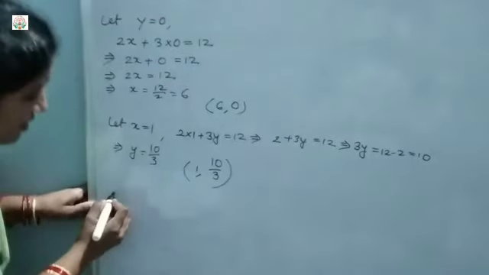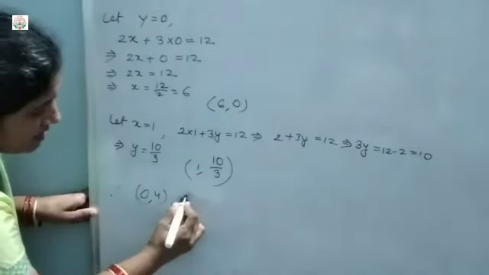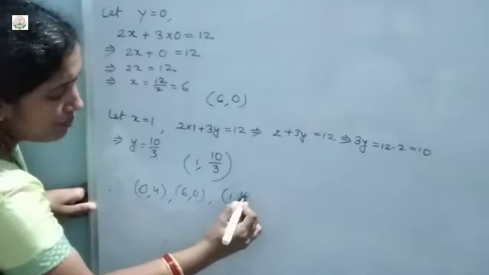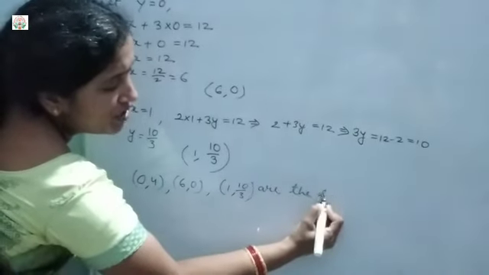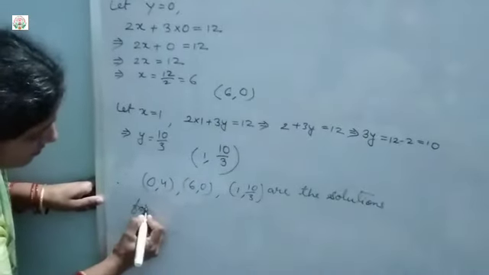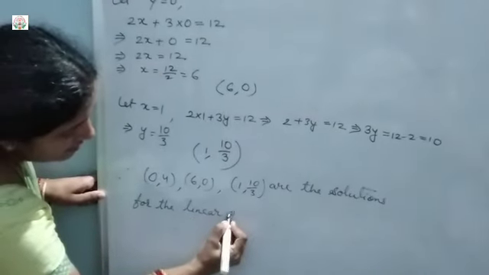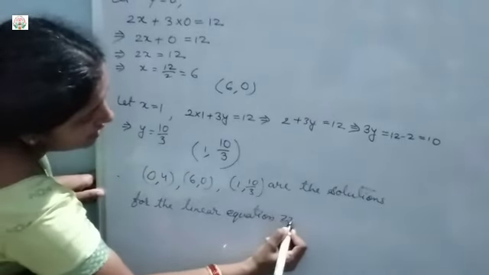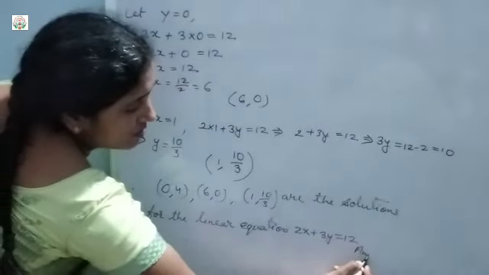Clear? So therefore I can write, (0, 4), then (6, 4), then (1, 10 upon 3) are the solutions for the linear equation 2x + 3y = 12.